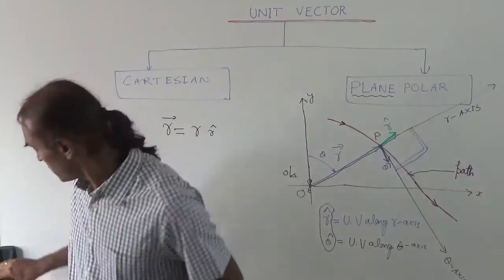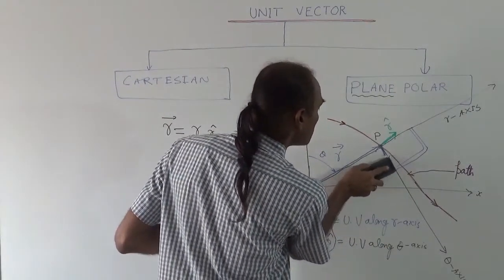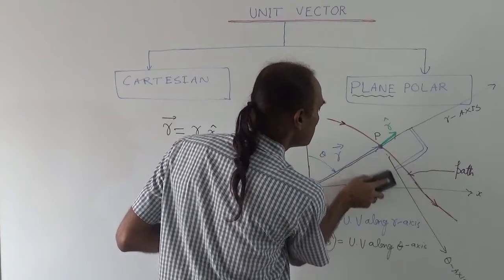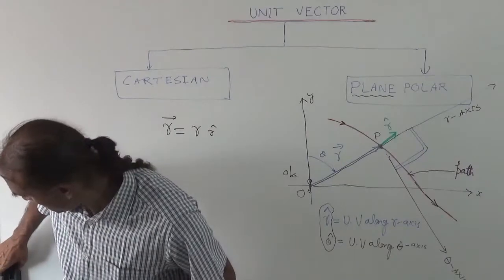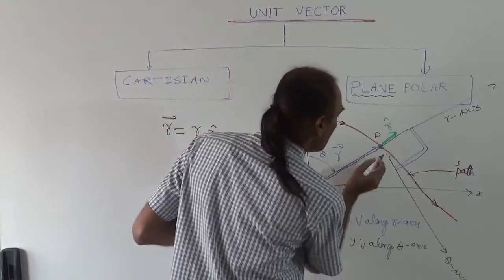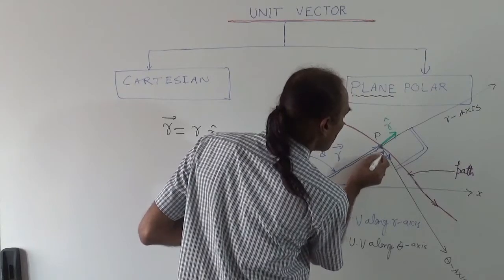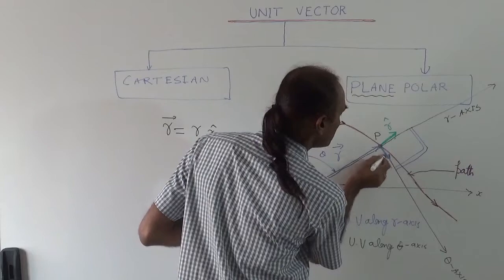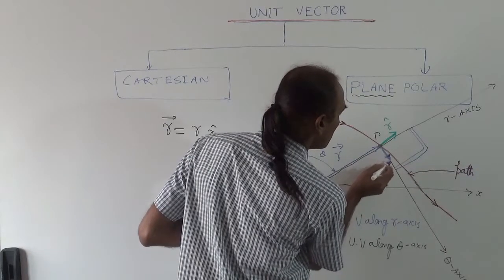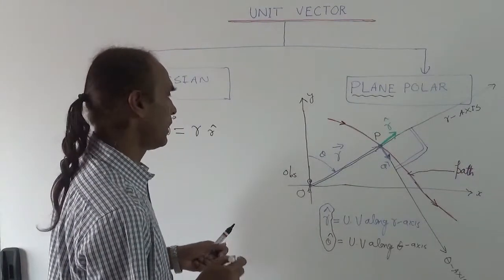So we should make it better so that one can understand that yes, it is lying along the theta axis. Yes, this is the correct representation of theta cap. This is r cap.